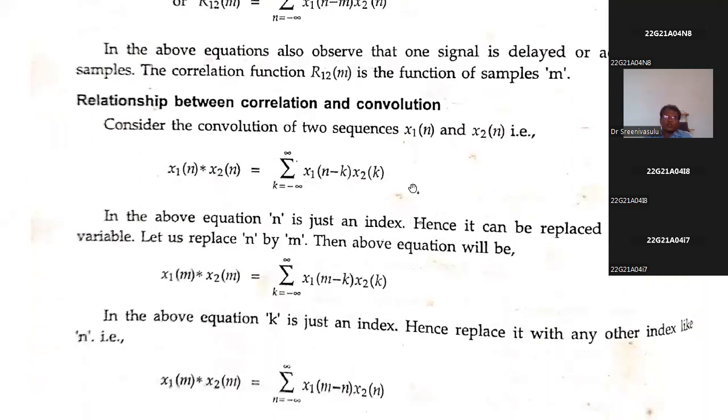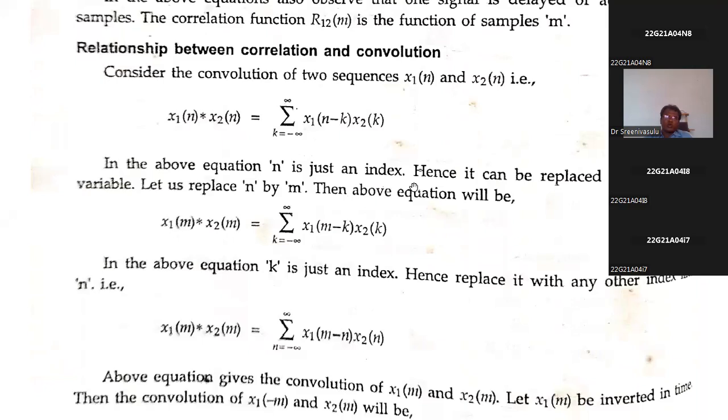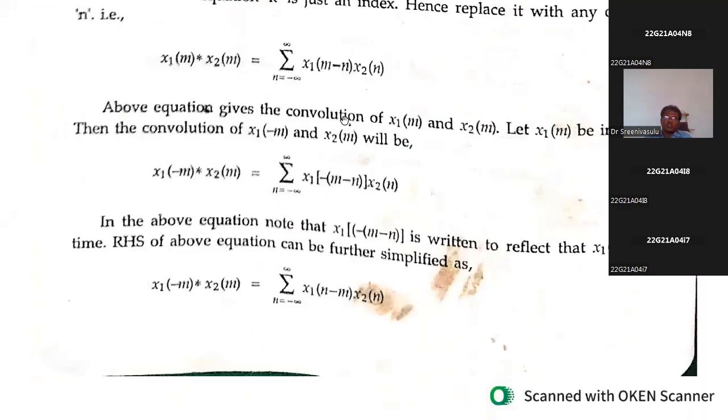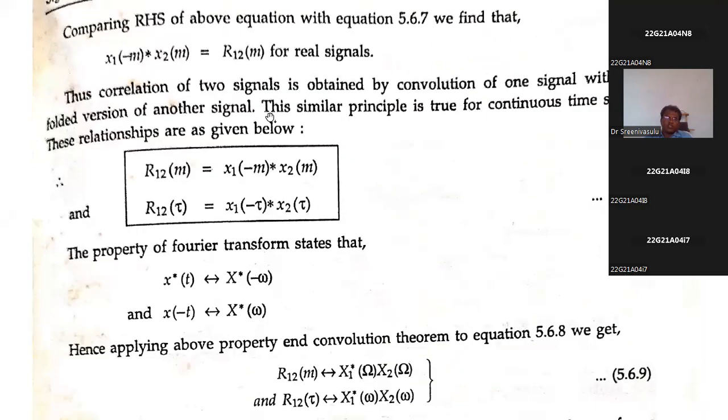Now, the relationship between convolution and correlation: instead of doing all this calculation, we already know convolution. So by using that convolution concept, we can obtain this correlation concept. This derivation is not necessary, we will see it later.